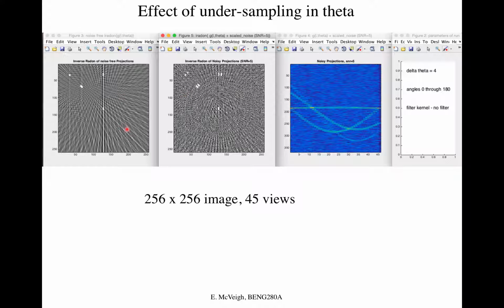This is undersampling in the theta direction. It's characteristic of most CT images. When you see an artifact in a CT image, a lot of it is these radial streaks off things. It's not that surprising because we're doing all of this back projecting. So if we have something that's abnormal, you're going to see a streak through the picture.